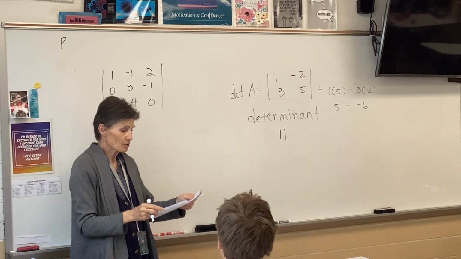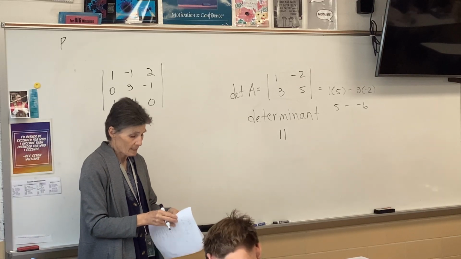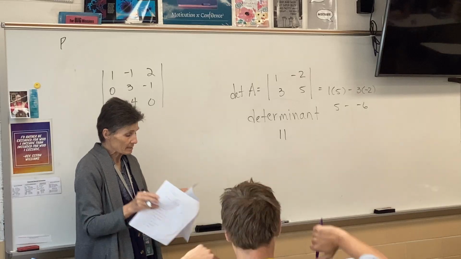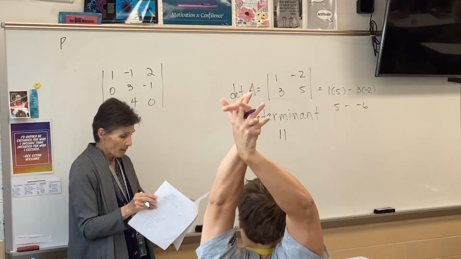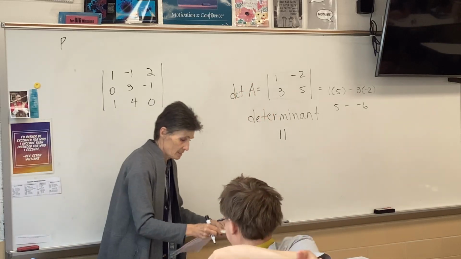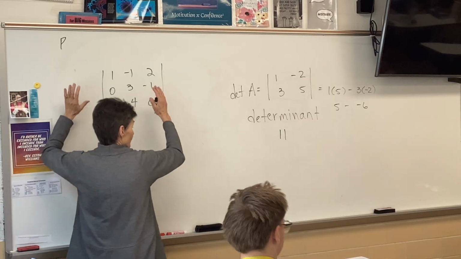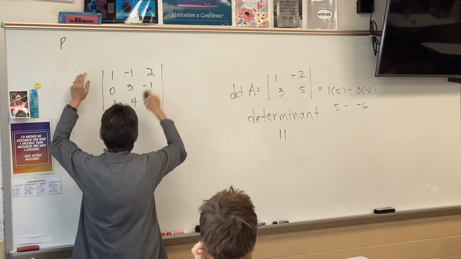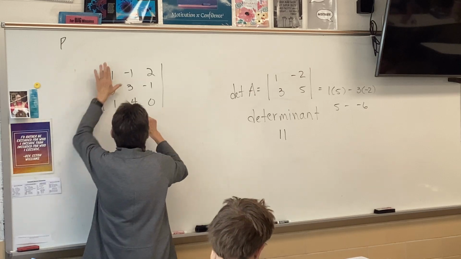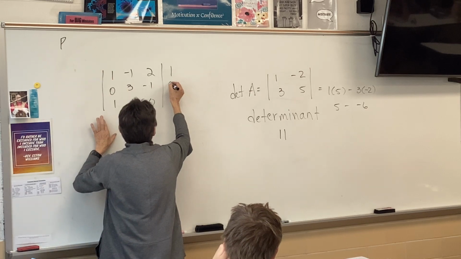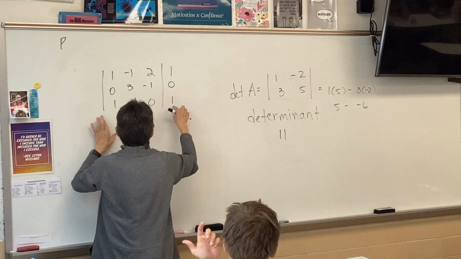Alright, so we're gonna find the determinant of C. Procedure is kind of the same, but a little bit different because it's bigger. So here's what you do. Everybody paying attention? Take the first 2 columns and write them down right next to the determinant.